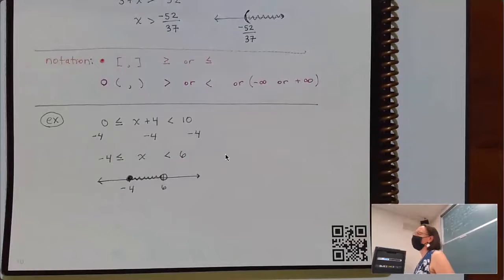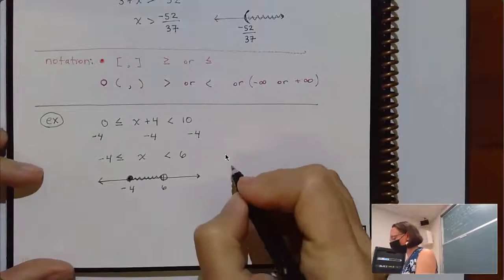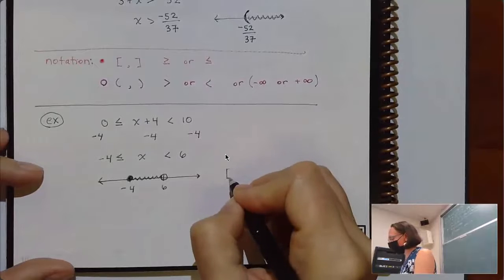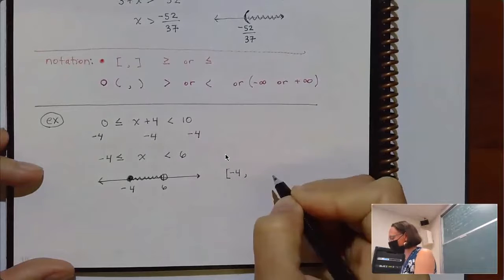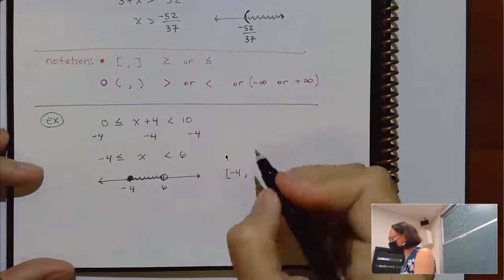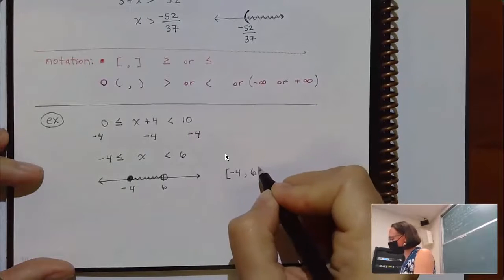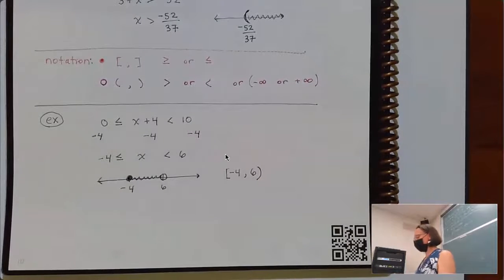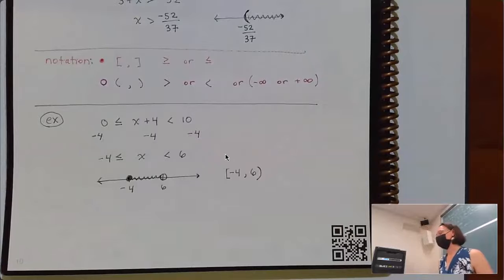So I'll use an open circle at that end. Or if I were writing this in interval notation, I would include the -4. But instead of going all the way to positive infinity this time, we're going to stop at 6. And the 6 would have parentheses because it is not included.